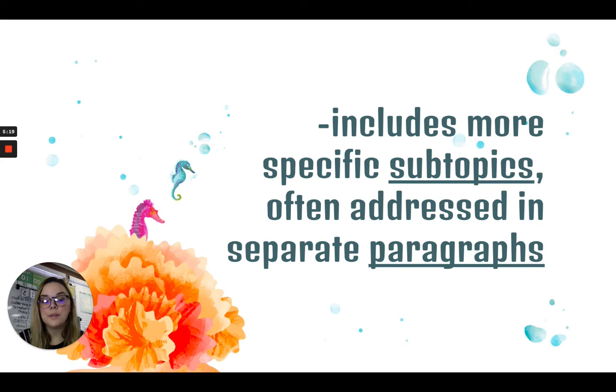So those are different subtopics. We also saw subtopics in the text about volcanoes, right? There were the different types of volcanoes. There was a section about a famous volcano eruption, right? So there were different subtopics.